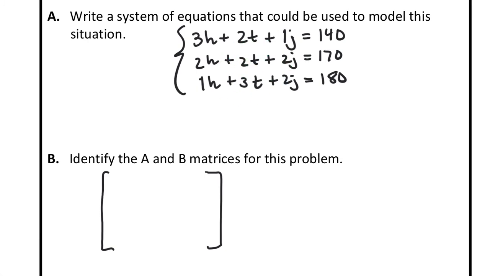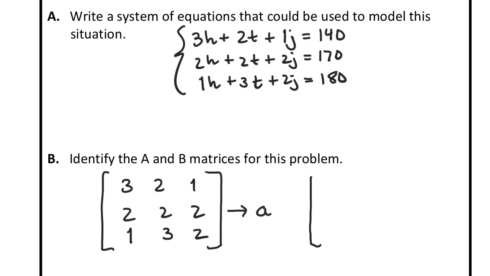So my first row has 3 H's, 2 T's, 1 J. Then I have 2 hats, 2 t-shirts, 2 jackets, 1 hat, 3 shirts, 2 jackets. So this is my A matrix. And then my B matrix is composed of the 140, the 170, and the 180.